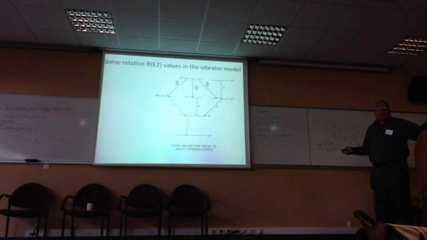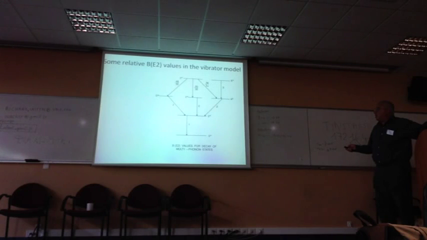I'm not deriving these, I'm just telling you. If you add these up, you get 49 plus 20, which is 69, plus 36 is 105, all over 35. 105 divided by 35 is also 3. So the sum of the 3 BE2 values gives you 3.